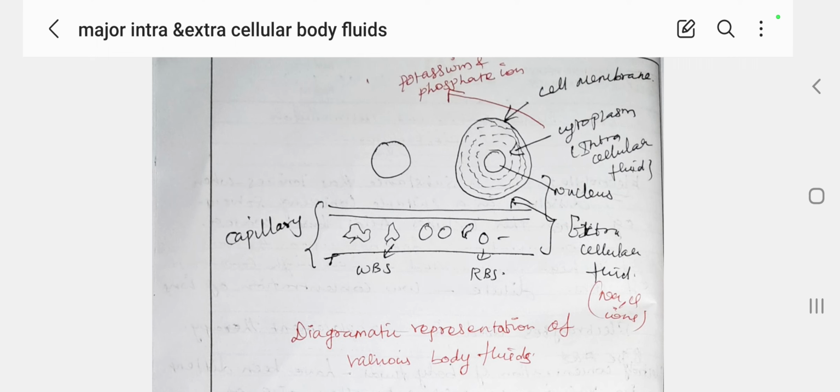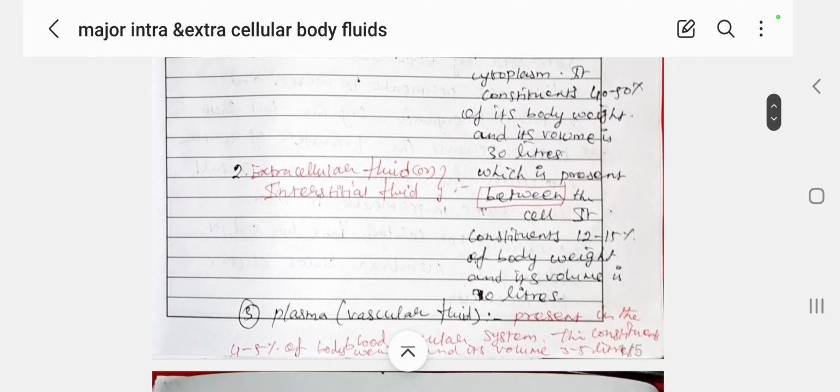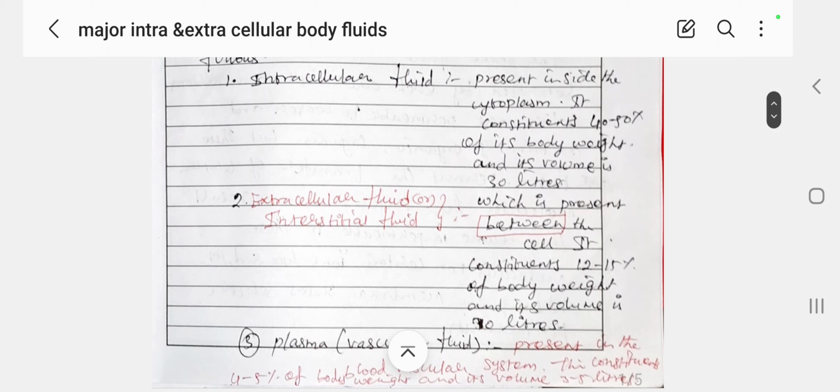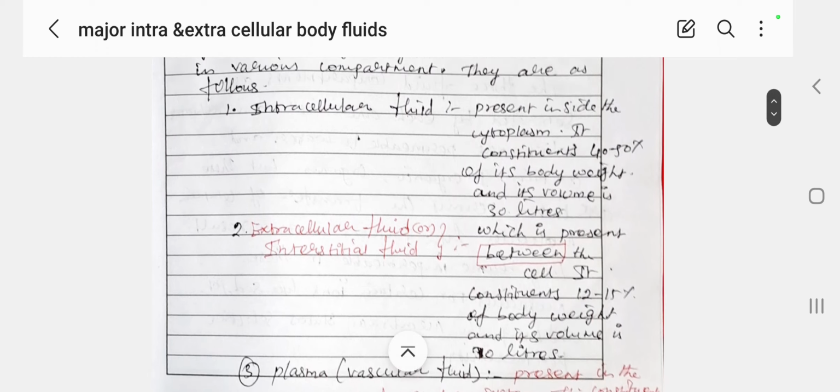Now let's see the concentration, that is, the percentage constituent according to body weight.